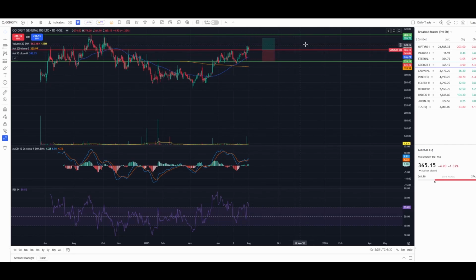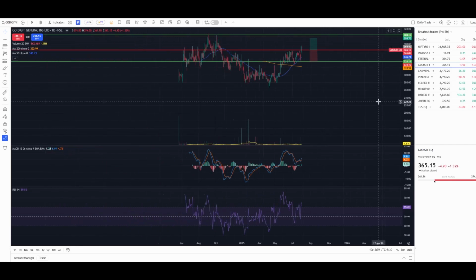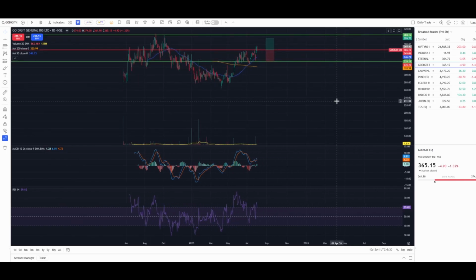So this will trap more buyers, and then eventually after a certain period it will again fall. This is what is going to happen. So both of my trades are not at a good position.